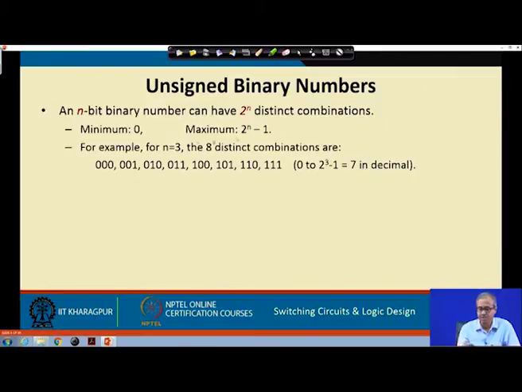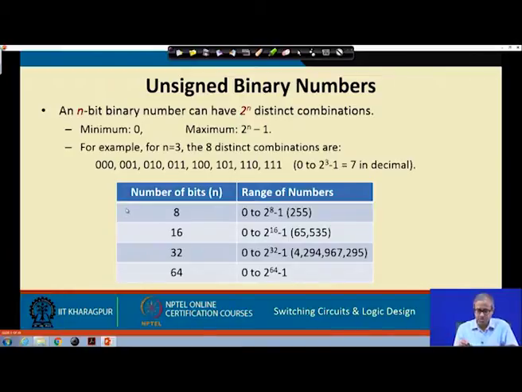Think of hexadecimal, 0000 means 0 and 1111 means 15. For octal, if you take n equal to 3, the 8 distinct combinations will be 000, 001 up to 111. If you count, there are 8 combinations. 000 means 0, 111 means 7, which is 2 to the power 3 minus 1, 2 to the power n minus 1.